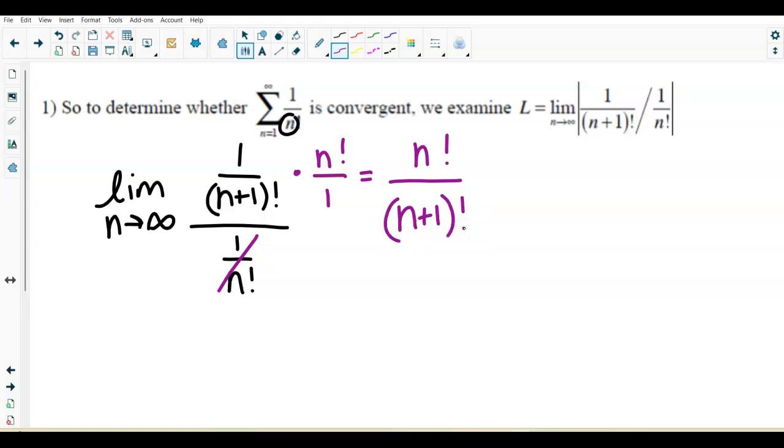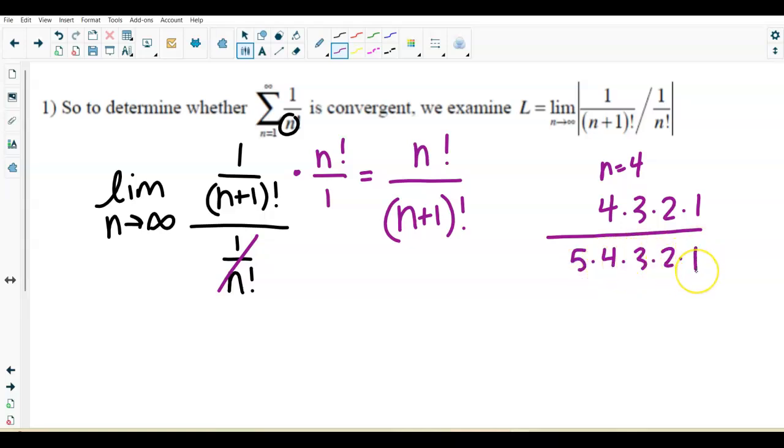And to simplify this, I want us to think about what if n is, let's just say 4. I'm just throwing out a number here so we can see how this would simplify. On top, we would get 4 times 3 times 2 times 1. And on the bottom, we would get n plus 1, so 5 times 4 times 3 times 2 times 1.